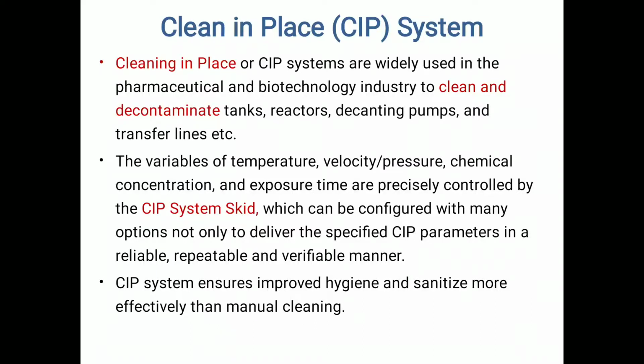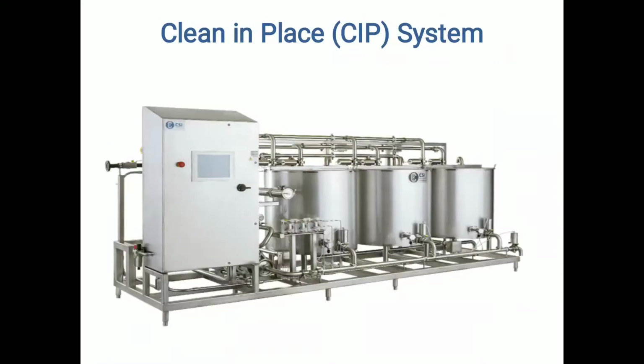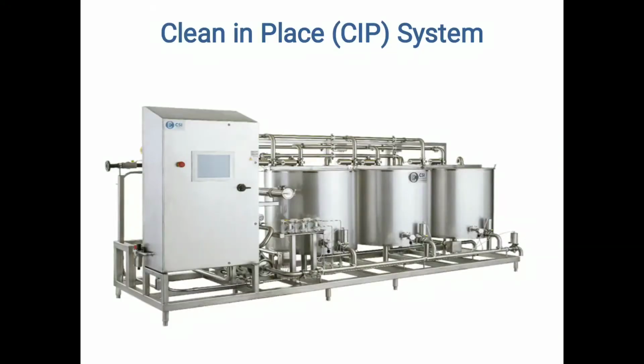The heating can be used for killing the microorganisms. So the variables of temperature, pressure, chemical concentration, and exposure time are controlled by the CIP system skid. The CIP system skid is the control panel given on this system, which automatically controls all the variables.